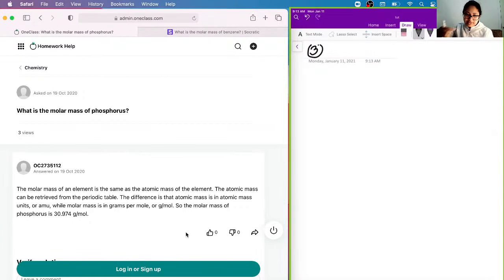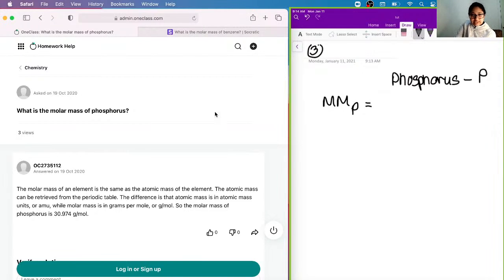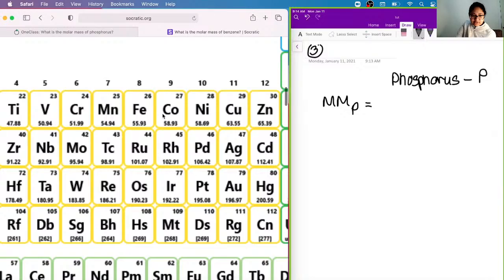Okay, so the next question says, what is the molar mass of phosphorus? Okay, so molar mass of phosphorus. So phosphorus, if you guys recall, the symbolic form is just the uppercase P. And since phosphorus is an element, we can just basically look at our periodic table here and find phosphorus.